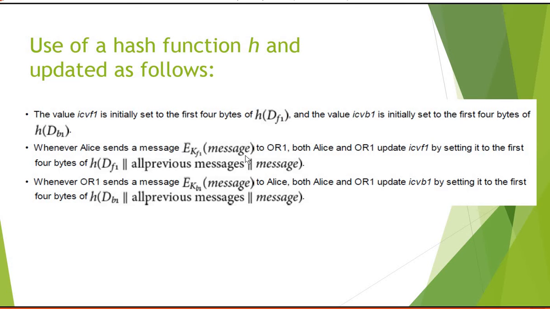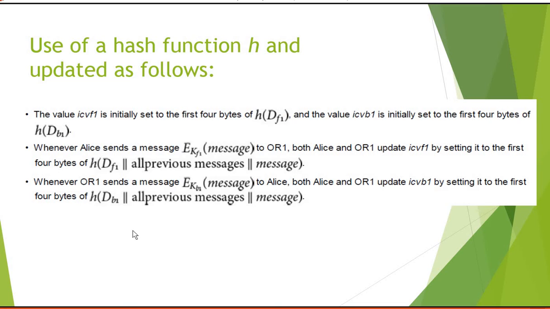So the message will be transferred. The integrity check value is F1, and here the first 4 bytes will be used. So the hash function of the key, then the previous messages along with the message.